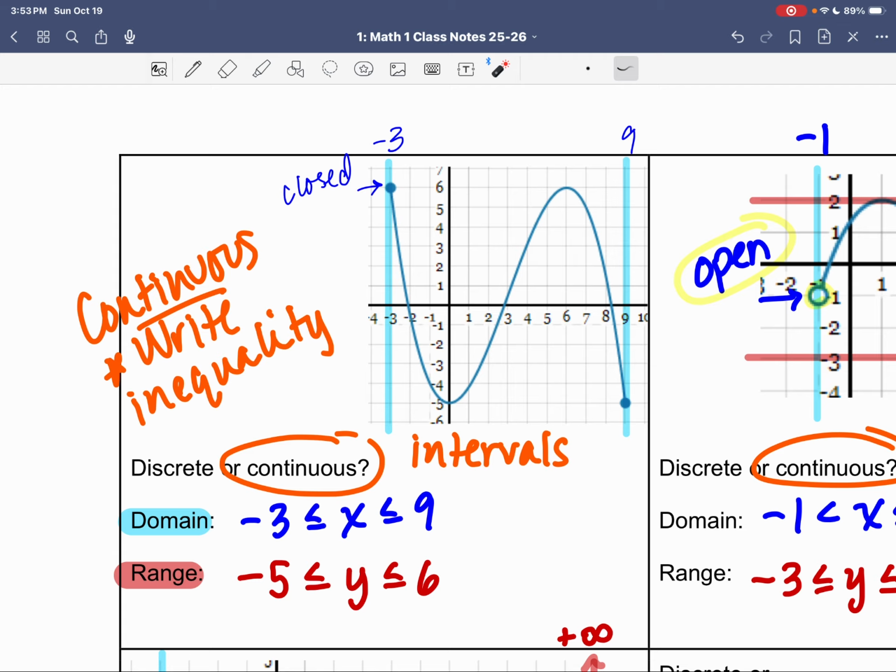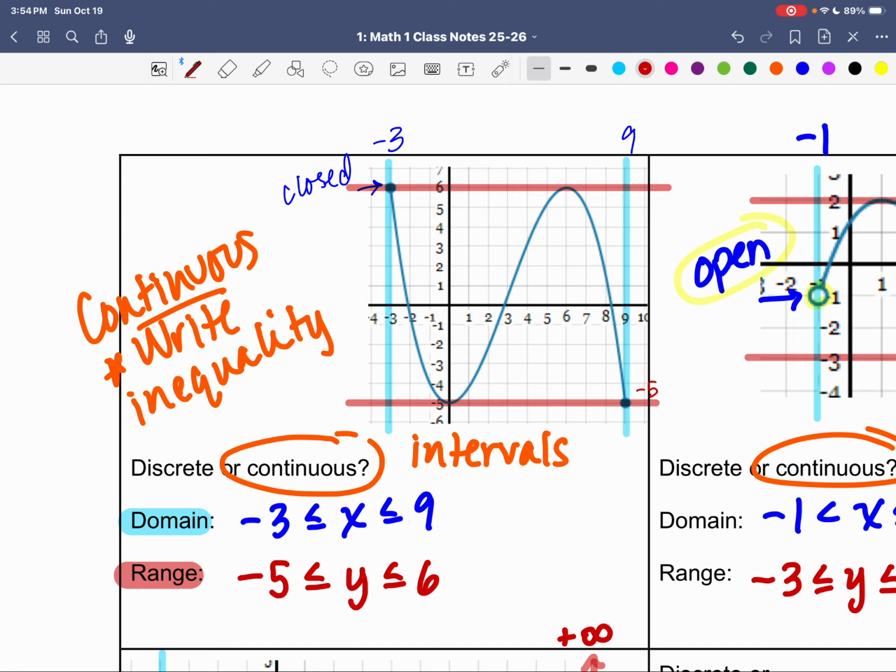Now your range, I'm going to use the red for range. You're looking at your y values. So the y's go from here all the way up to here. And I'm going to kind of go over where it says closed. So for that one, I've got -5.